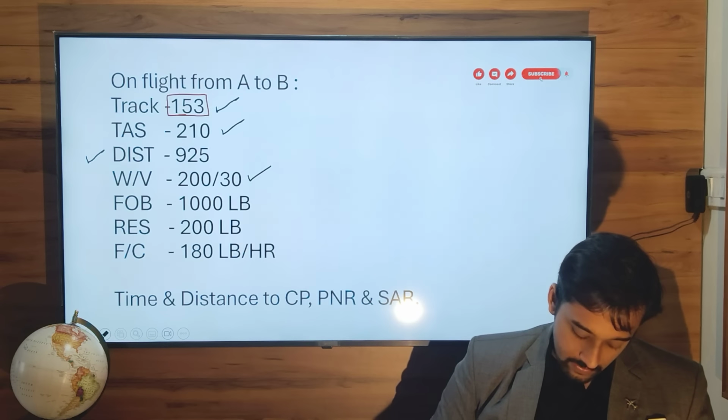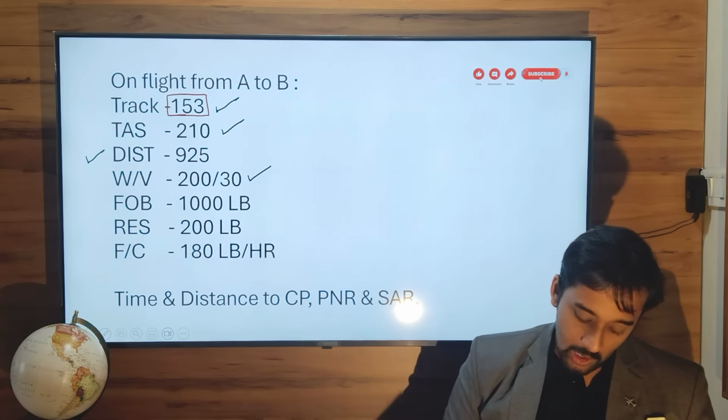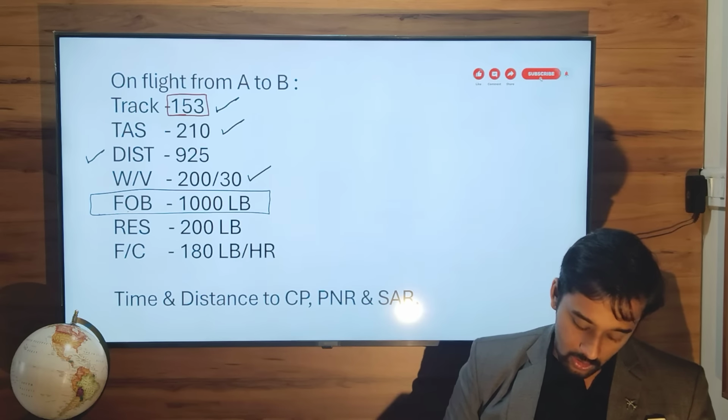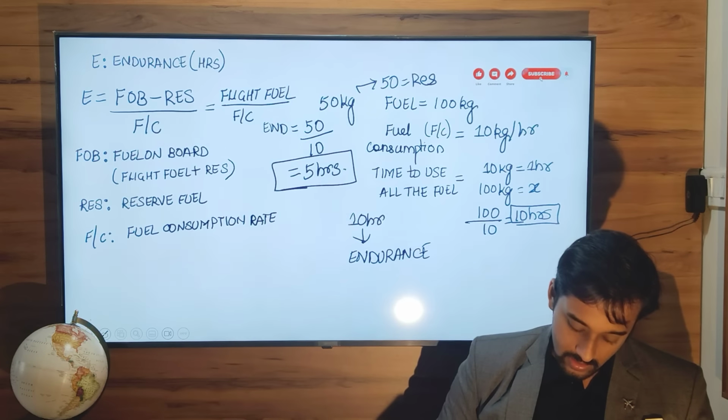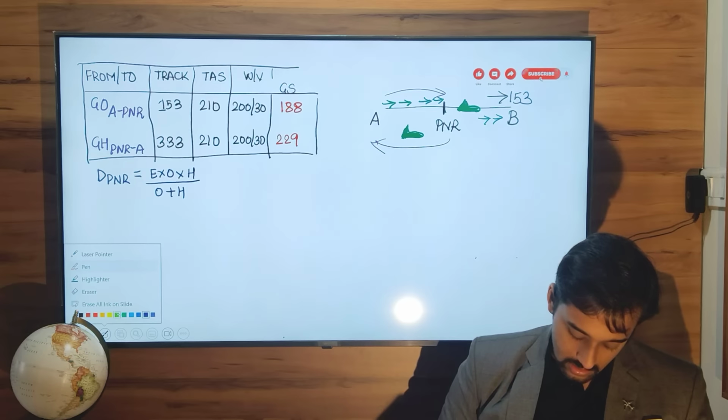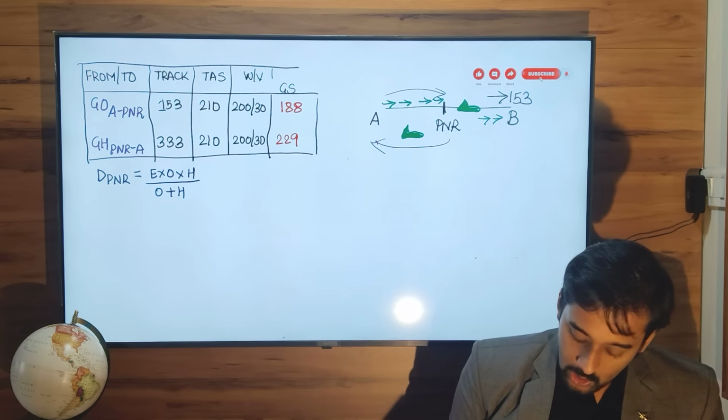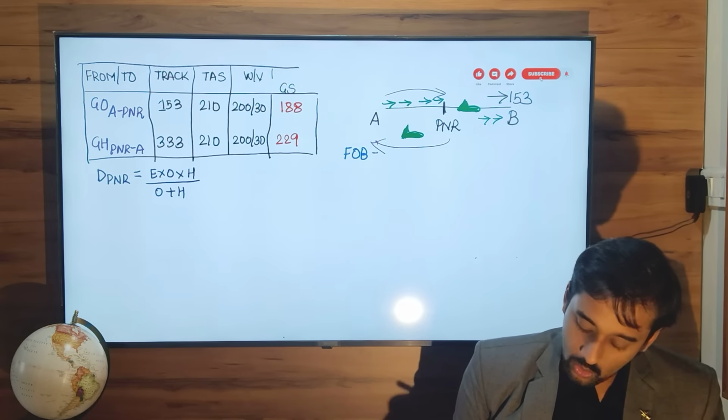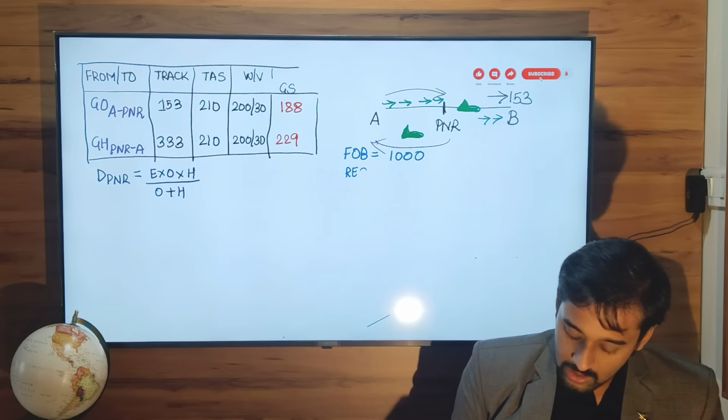Now in this question, they have given you fuel on board, how much? 1000 pounds. Fuel on board is 1000. Reserve fuel is how much?